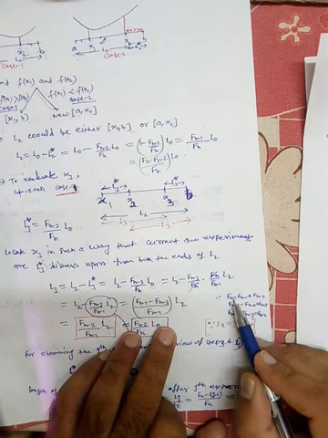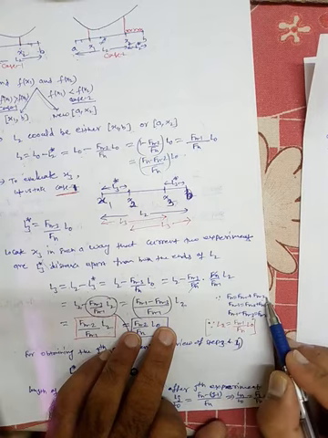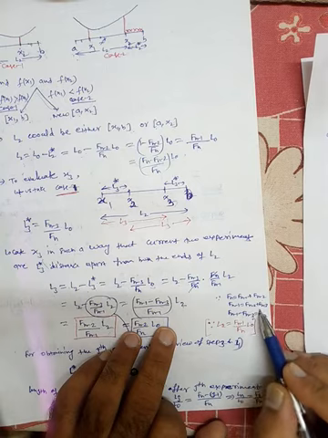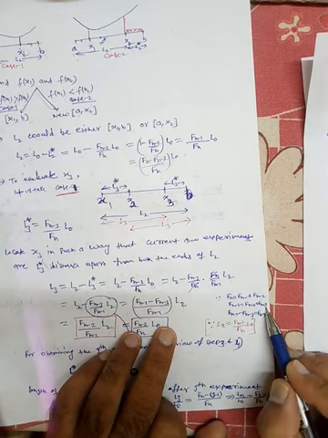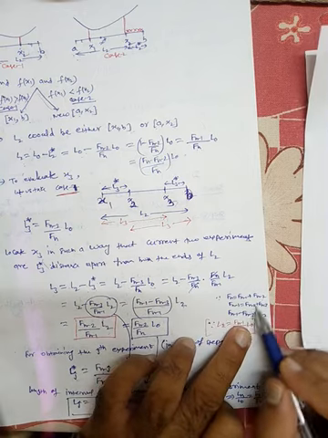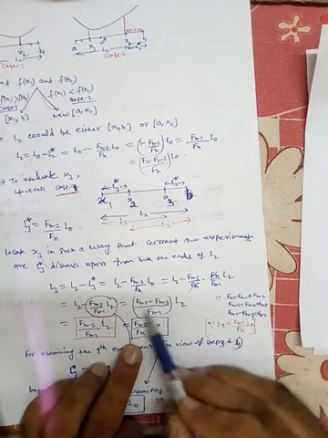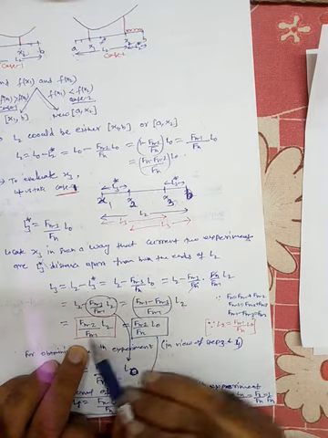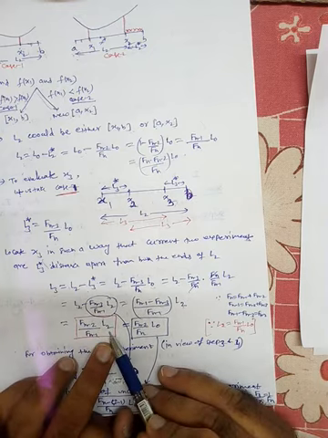If you replace n by n minus 1, then f of n minus 1 equals f of n minus 2 plus f of n minus 3. So f of n minus 1 minus f of n minus 3 is f of n minus 2. You can replace this quantity by f of n minus 2 divided by f of n minus 1 L2.